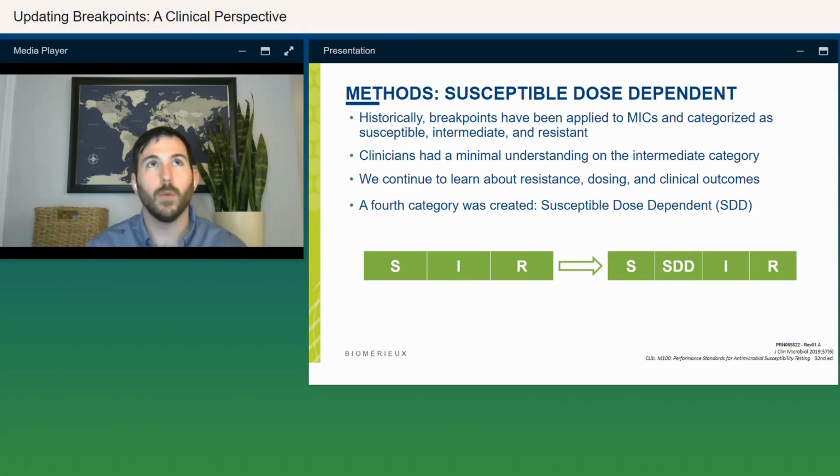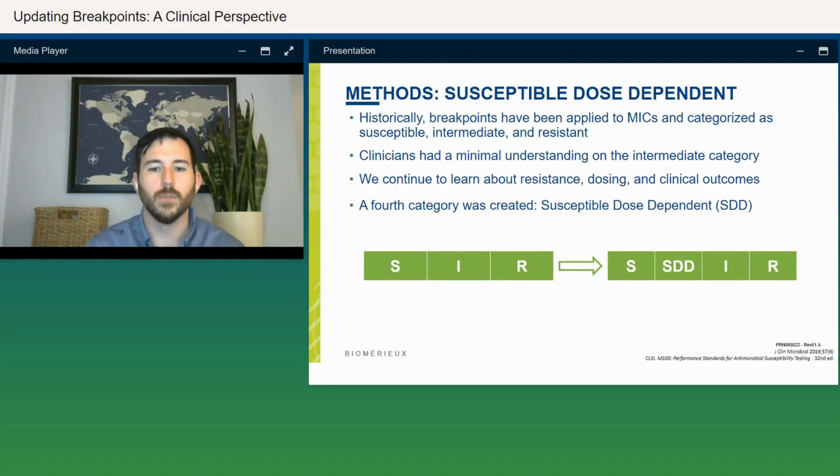So why was susceptible dose dependent created? Because of that annual review that Lauren was talking about with the CLSI, where they're looking at clinical outcomes, pharmacokinetics, and pharmacodynamics, looking at new resistance mechanisms that are emerging for different bug-drug combinations, as the microbiology community at large learns more about microbes and antibiotics, there's going to be a need to enhance susceptibility reporting to be more specific for patients.